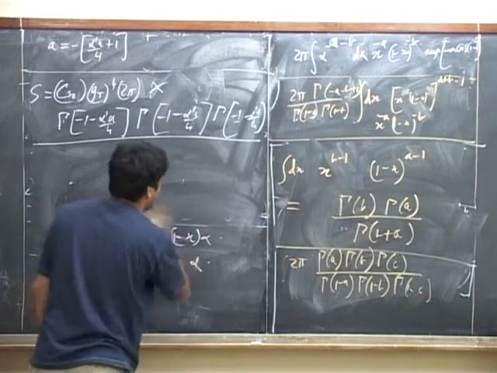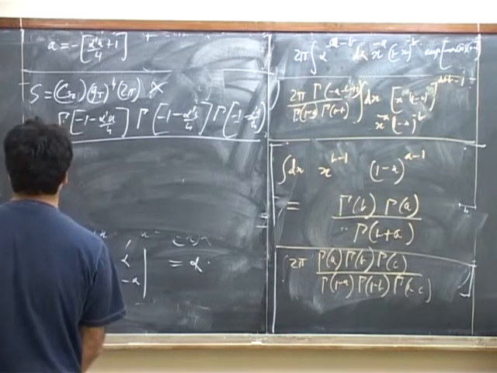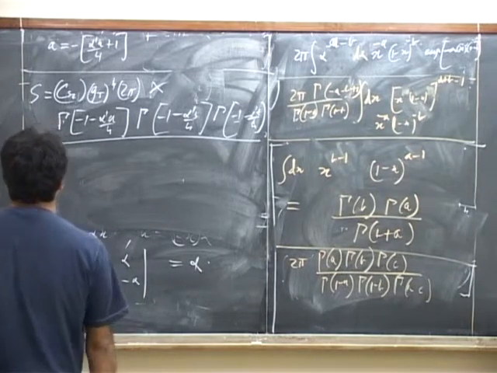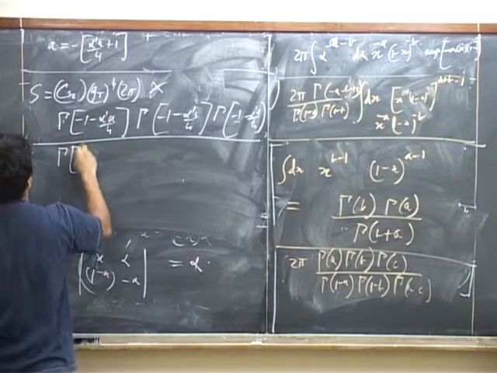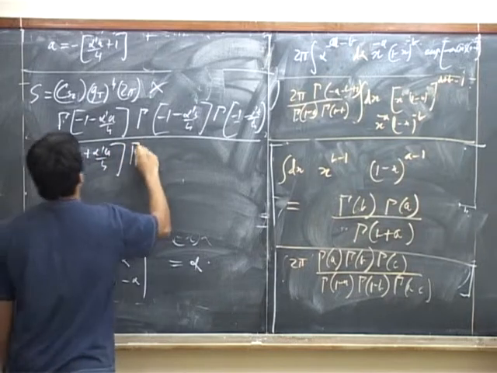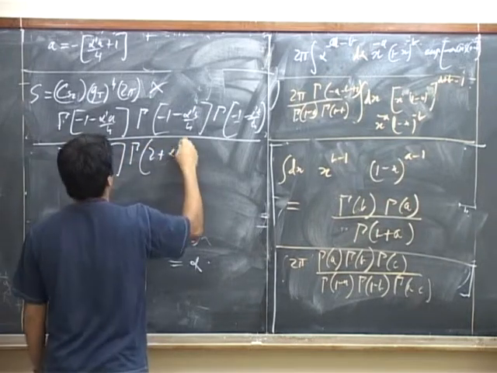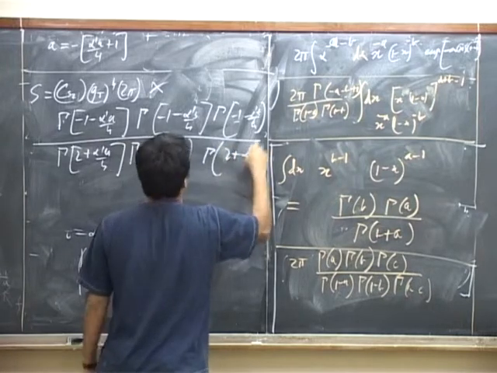Now we need 1 minus a. So that is divided by gamma of 2 plus alpha prime u by 4, gamma of 2 plus alpha prime t by 4, gamma of 2 plus alpha prime s by 4.